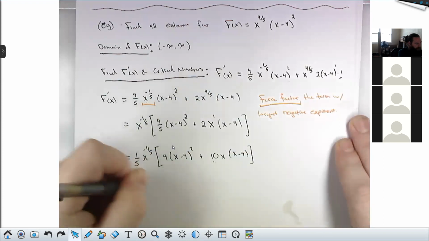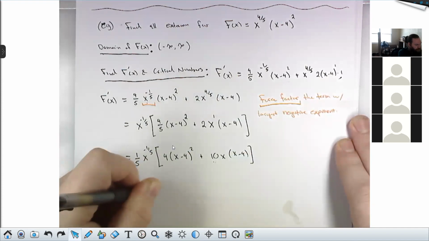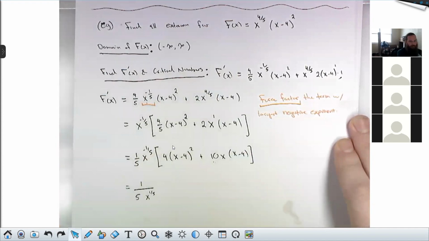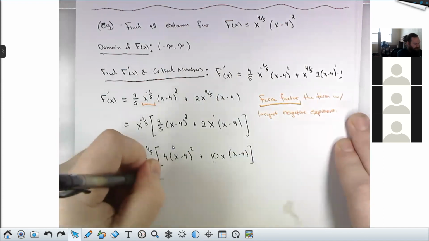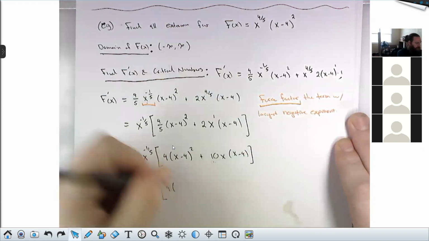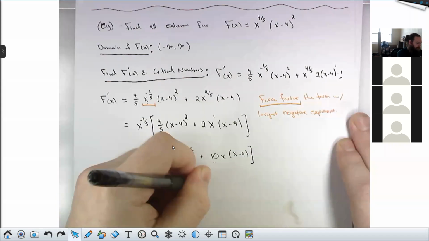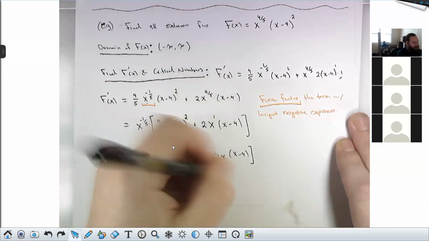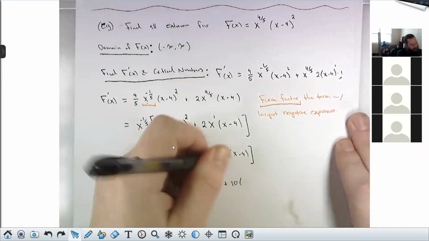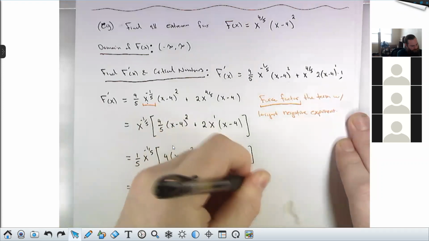So this piece out front, I can rewrite as 1/5 times x to the 1/5. And then the piece inside here, I can start cleaning up. So this is 4 times (x squared minus 8x plus 16) plus 10 times (x squared minus 4x).